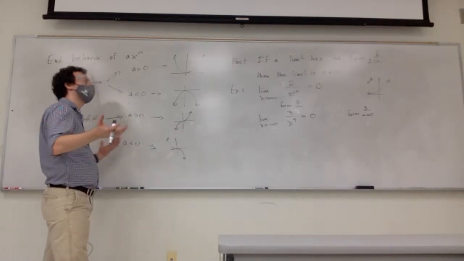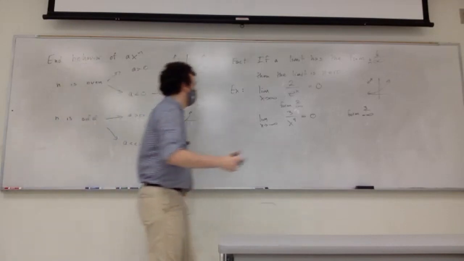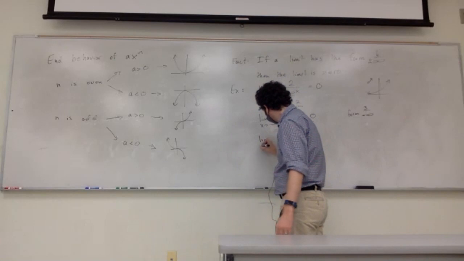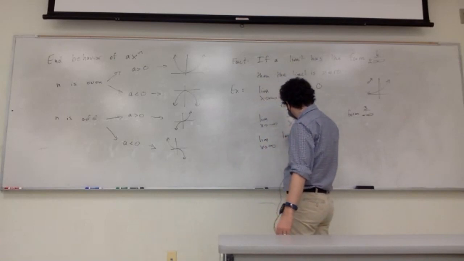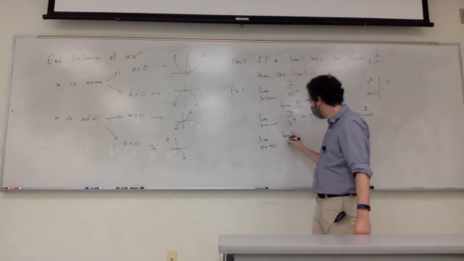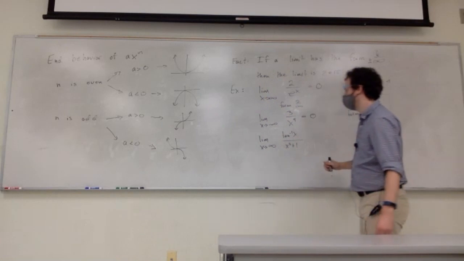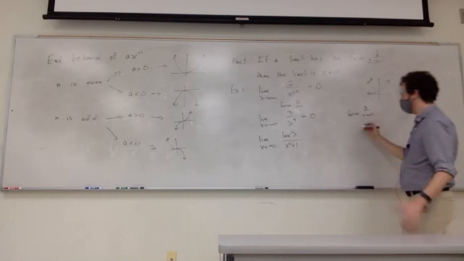So the top also doesn't have to be fixed. It, I guess, often is, but not necessarily. So if we have something like the limit as x goes to infinity of inverse tangent of x over x squared plus 1, here we still want to look at the top and bottom separately.